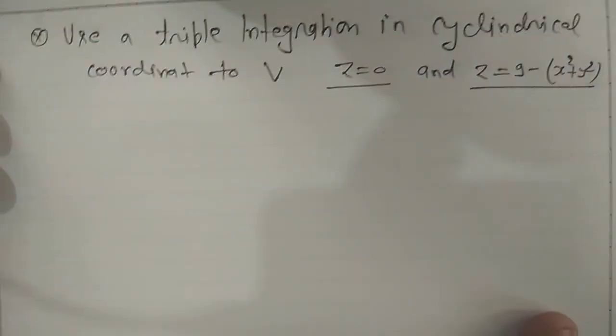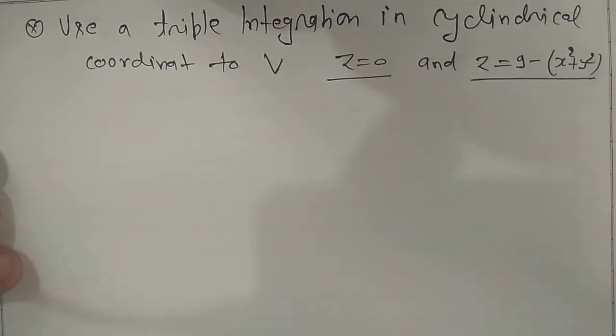So z equal to 0 to z equal to 9 minus (x square plus y square).